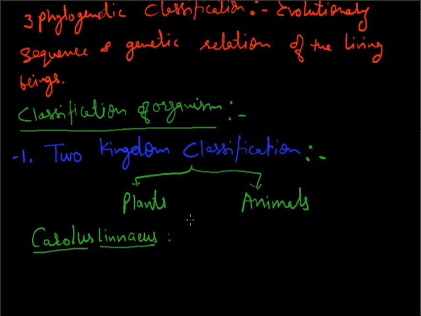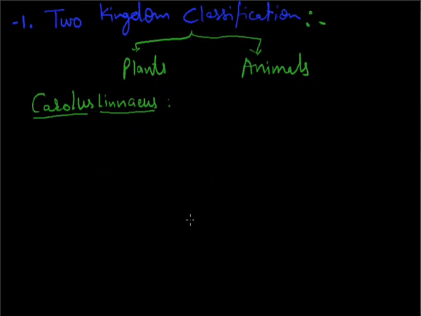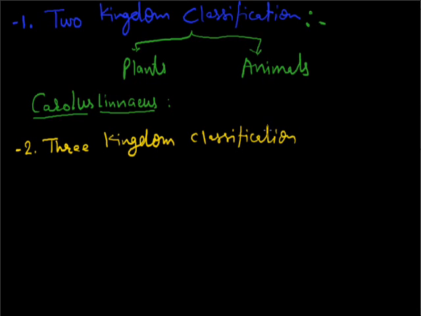He gave this classification, and according to it, living beings are categorized in two groups. Now, another classification we call the three kingdom classification. This classification was given by Ernest Haeckel, and he introduced a new group, a new kingdom, which we call Protista.